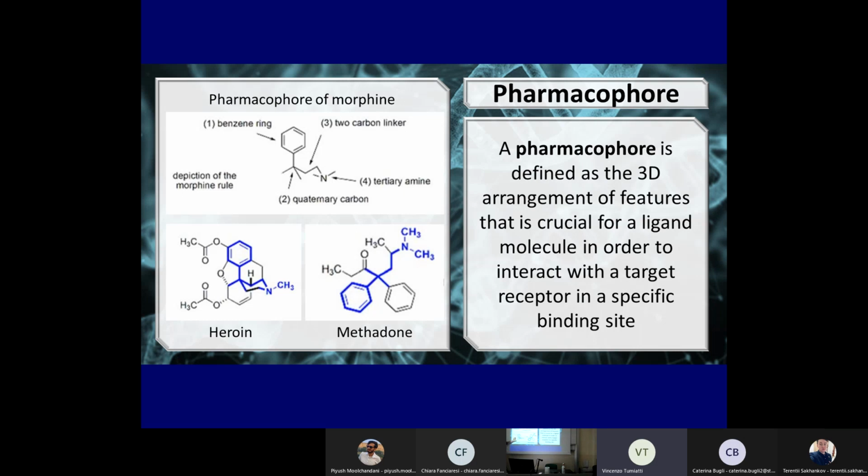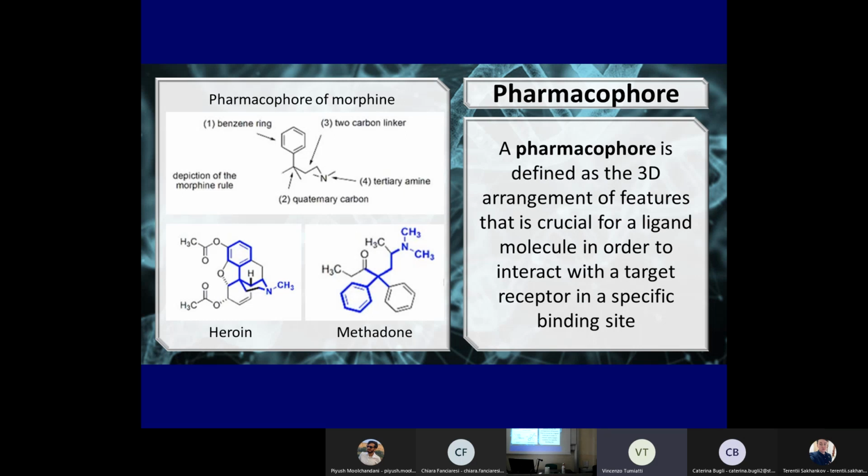Morphine has two OH groups. Heroin was synthesized by Boehringer in Germany 200 years ago. They masked the two OH groups in order to increase the lipophilicity, because they thought, if we increase the lipophilicity, we increase the activity in the CNS.